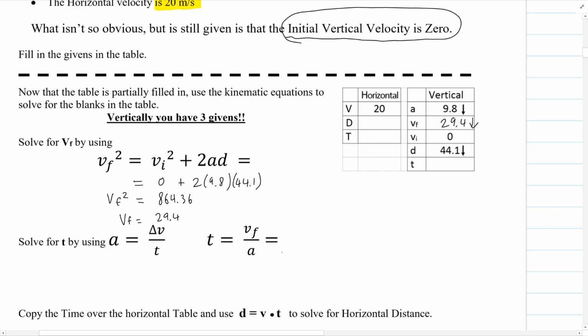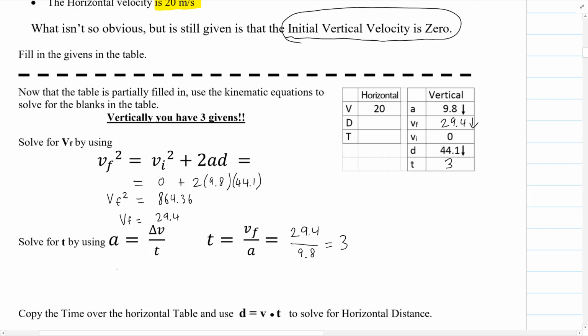And now we solve for T. And this is the formula, and rearranging it for T and everything like that, we get T equals VF minus VI, but VI is 0. Right? So then T is just going to be VF, which is 29.4 divided by the acceleration 9.8, and we get 3. That's exactly 3.